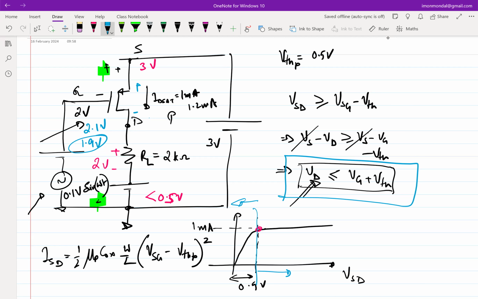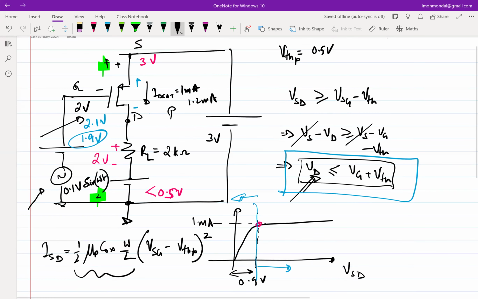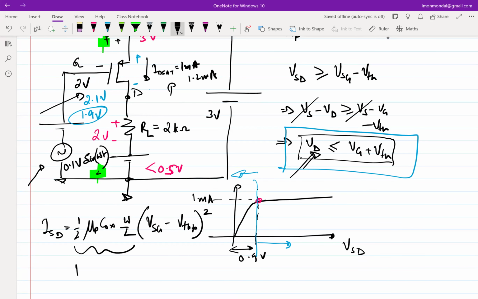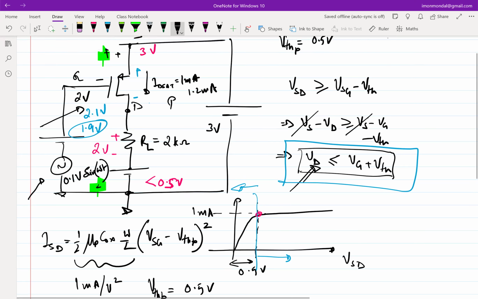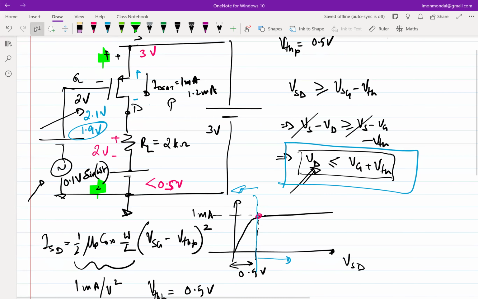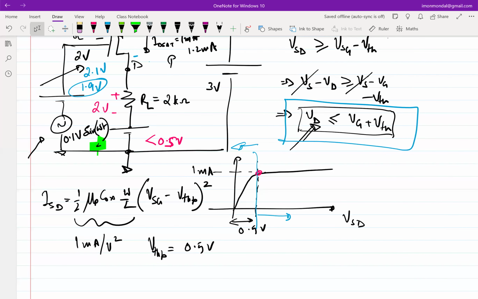Now let's take some values. Let's assume this half mu p Cox W by L, this entire thing, is 1 milliamp per volt squared. Threshold voltage is 0.5 volt. If I have to match the ISD that I had given, I have to change this, right?